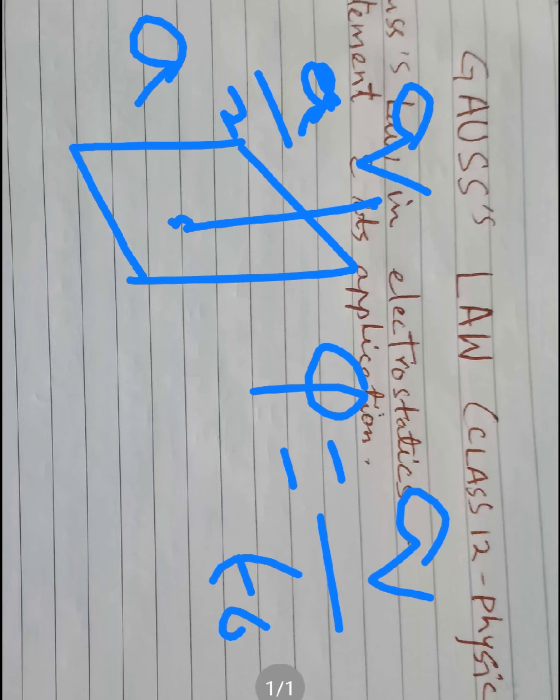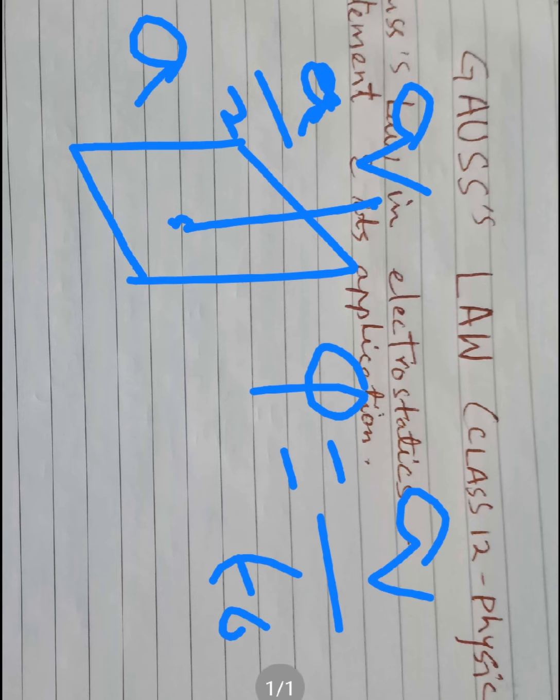So make it a sphere, and now you will see the flux phi is equal to Q upon 2 epsilon naught, because in a total sphere, if the charge is at the center, then phi is equal to Q upon epsilon naught. But for a hemisphere, there will be two halves, so Q upon 2 epsilon naught.